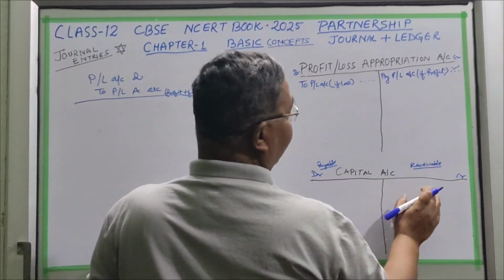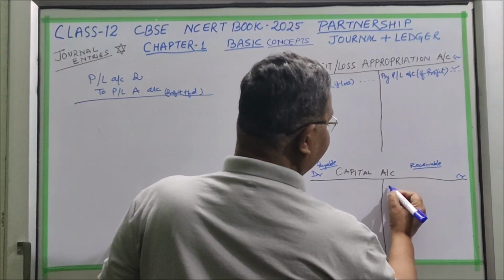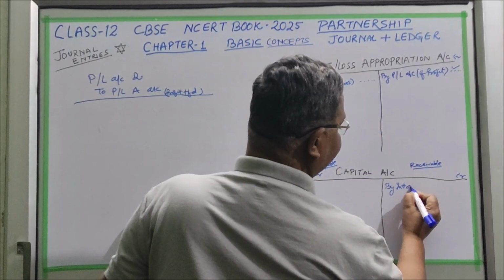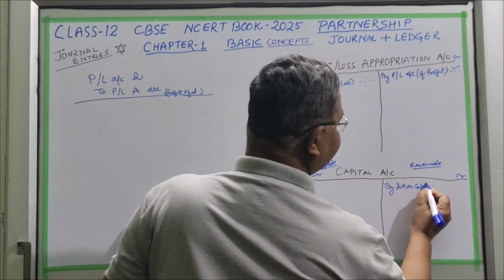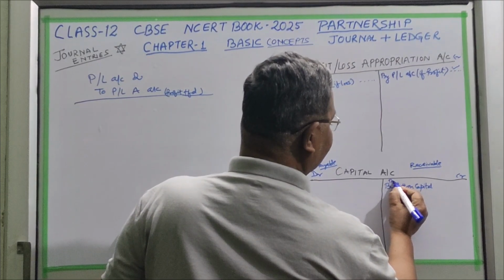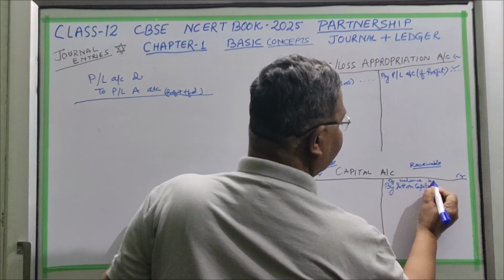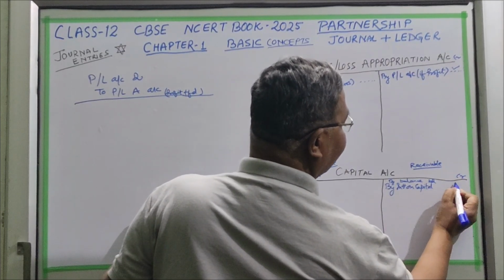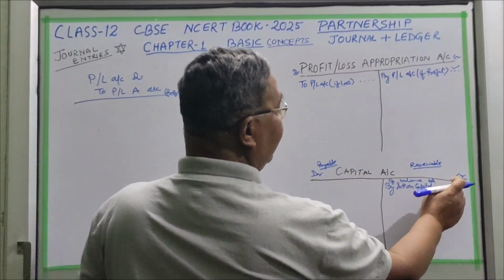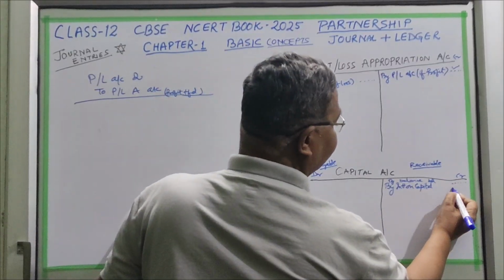Okay, so partners usually get interest on capital, and they are charged interest on drawings. First of all it starts with by balance brought down, BD. Some balance will be there in partner's capital account and it comes here because this amount is receivable by the partner. Then interest on capital comes.